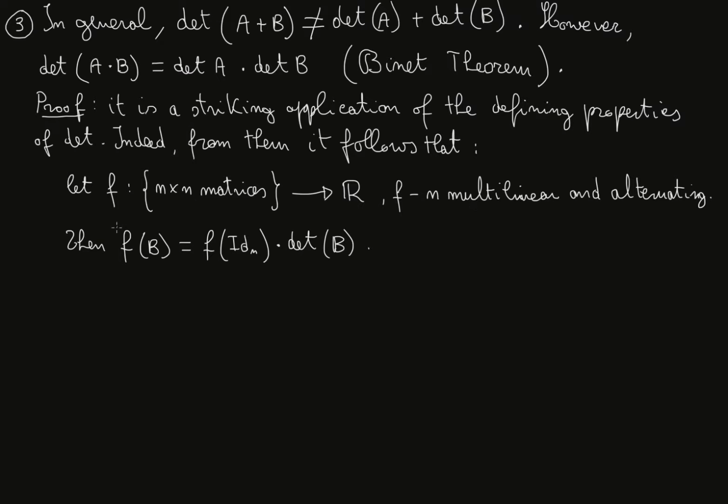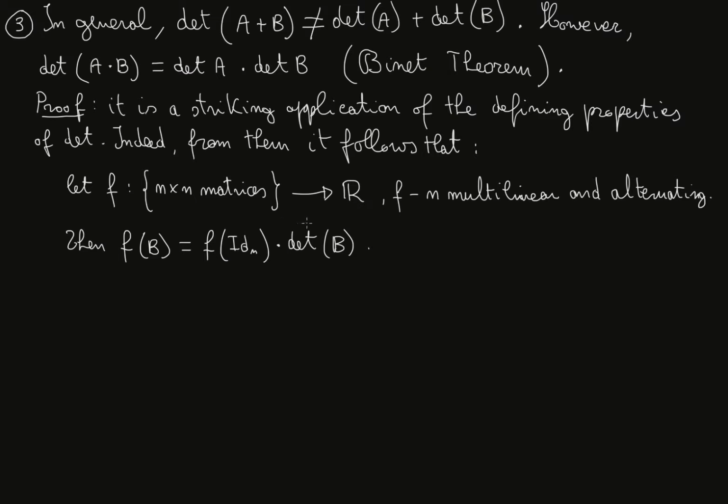Then we conclude that f applied to any n by n matrix B is equal to f applied to the n by n identity matrix times the determinant of B. So the function f is just fixed.